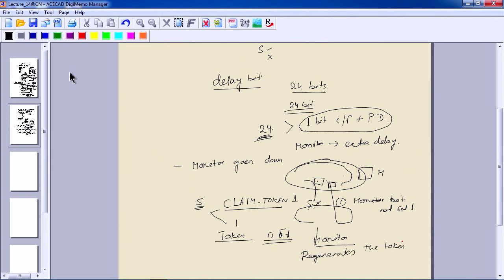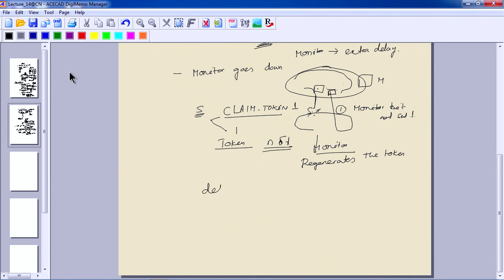This is how the ring is maintained, starting from the initialization of the ring and how the ring takes care of the token, how it allows multiple nodes to handle the priorities, how an acknowledgement is introduced. Another thing that the monitor cannot do is detecting a break in the physical ring.